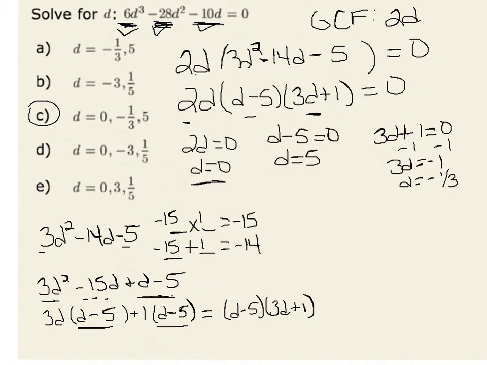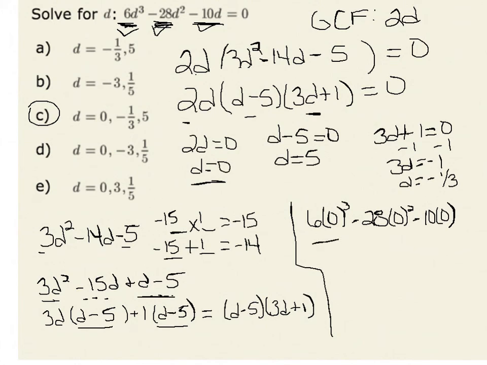For example, when d is equal to 0, I would have 6 times 0 cubed, minus 28 times 0 squared, minus 10 times 0. I would see that my left-hand side is indeed equal to 0, verifying that 0 is one of my solutions. Again, I could do the same thing for d equal to 5 and d equal to a negative 1/3 to verify my solution.